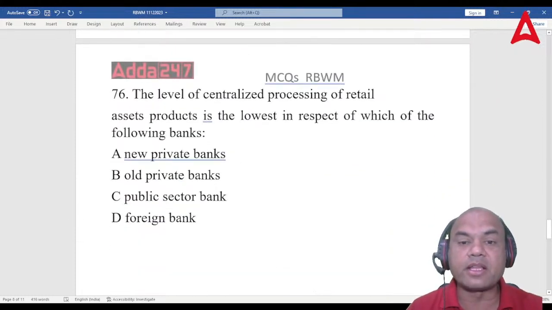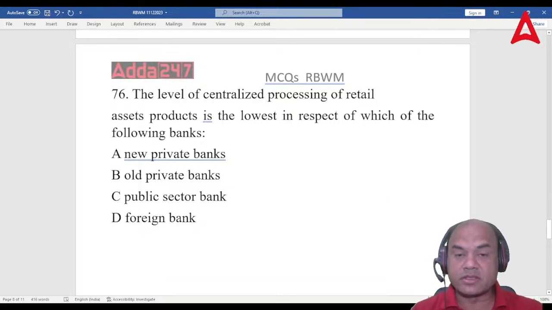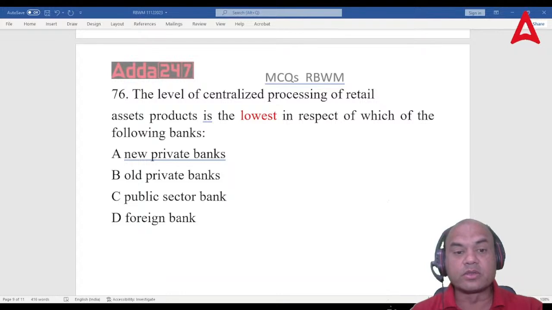The level of centralized processing of retail assets is the lowest in respect of which of the following banks? So centralized processing of retail assets is lowest. Remember, we want it for the lowest now. In which of the following banks? New private, old private, public sector, and foreign banks. Central processing is lowest.